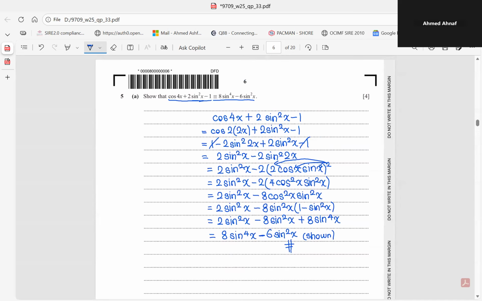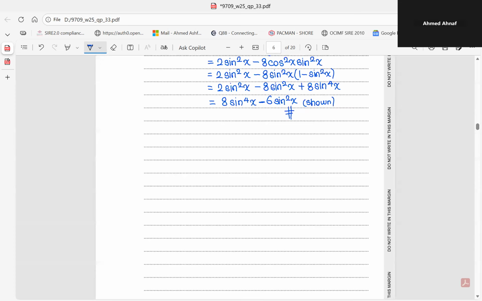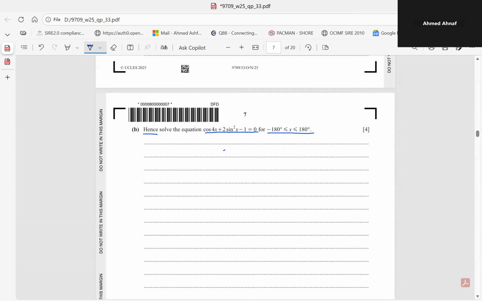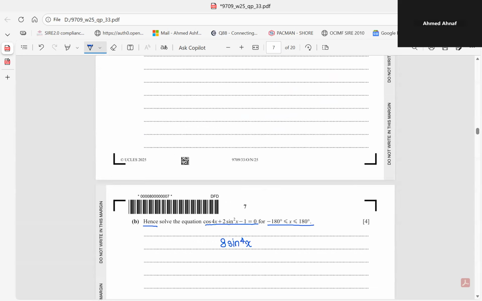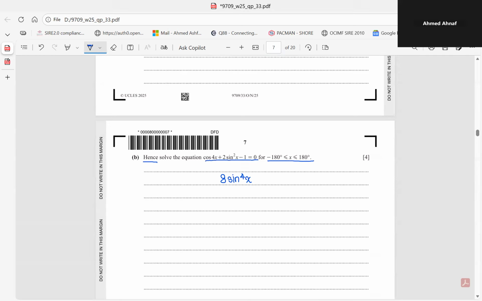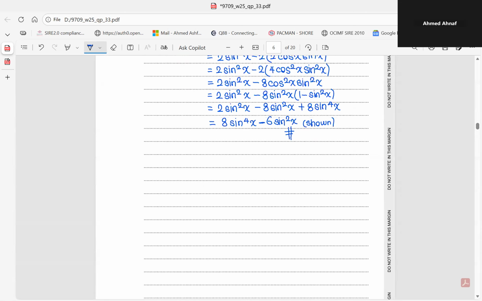So we can directly substitute this result from part A into our equation. So this is 8 sine to the power 4 x minus 6 sine squared x equals 0.